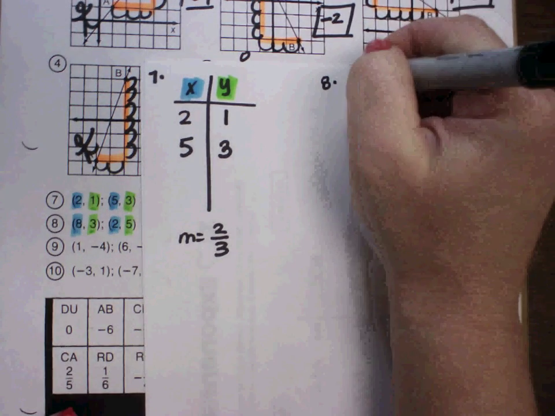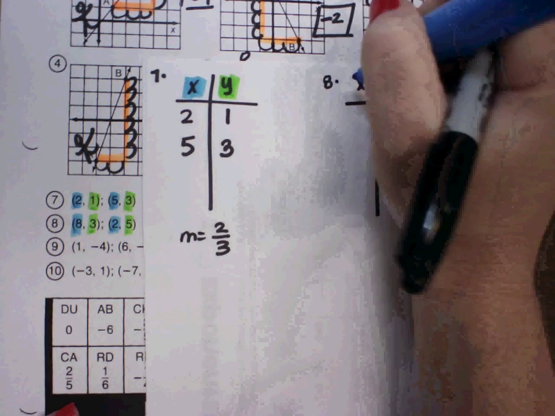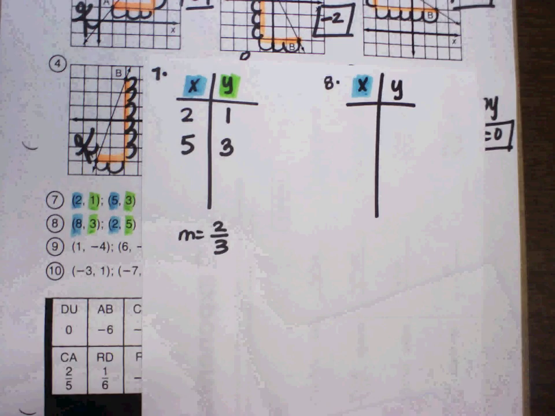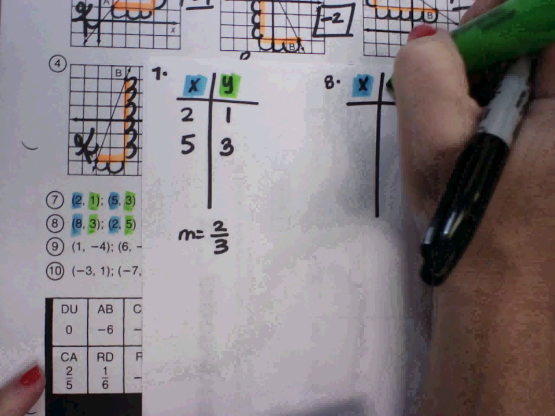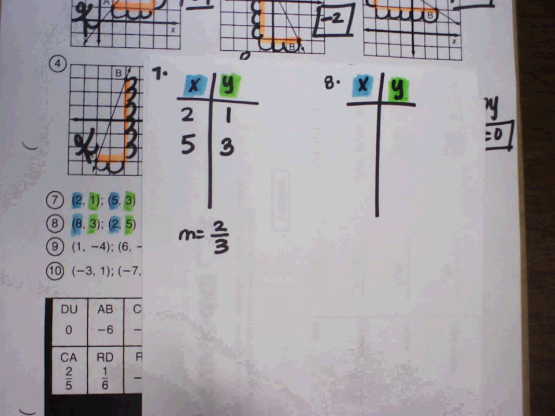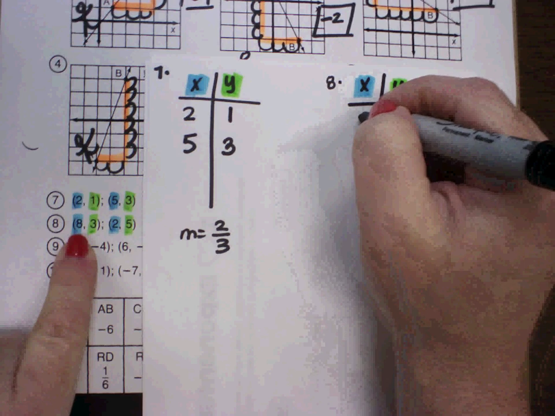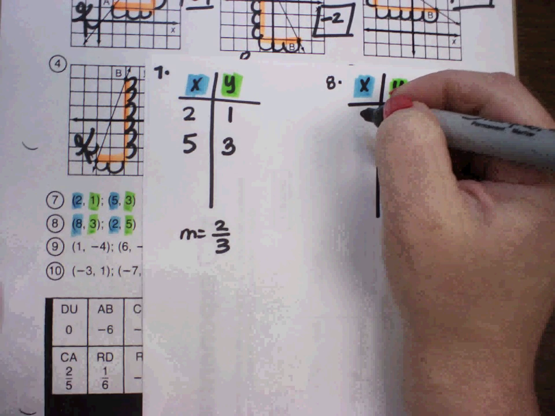All right, so what are my x's? No, see, this is why I highlighted them, because it's really easy to mess up. 8 and 2. And what are my y's? 3 and 5. All right. We're ready?